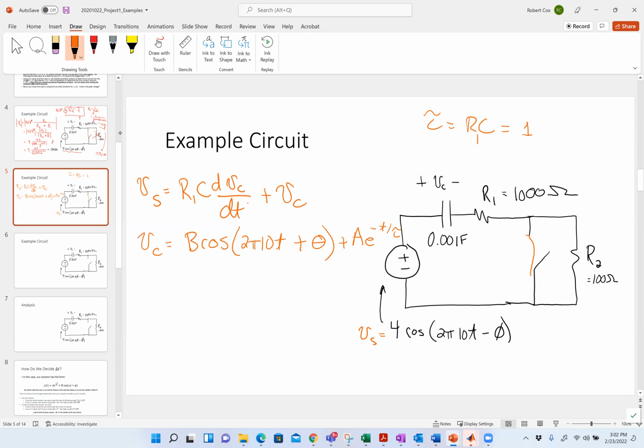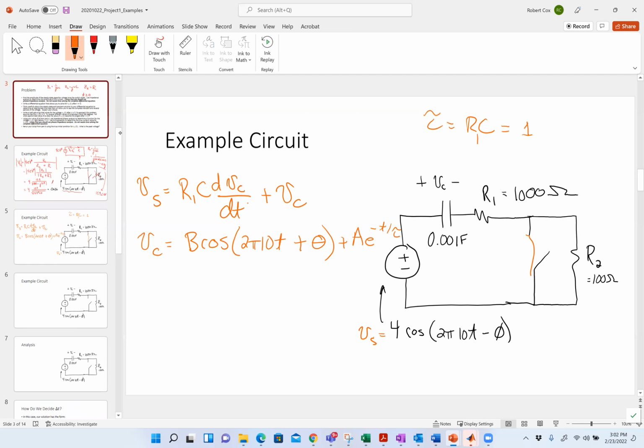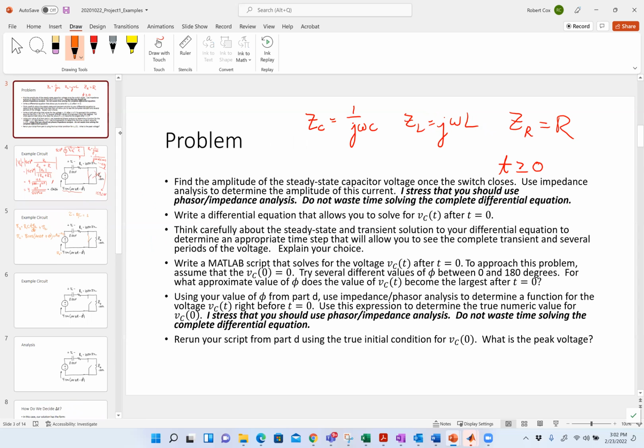So what I don't know is A, B, and theta. Now it's a differential equation, so I need to know some other stuff too. Don't I need an initial condition? Yes, there are two things that I haven't told you in this problem. You should be able to figure out later the value before t equals 0.